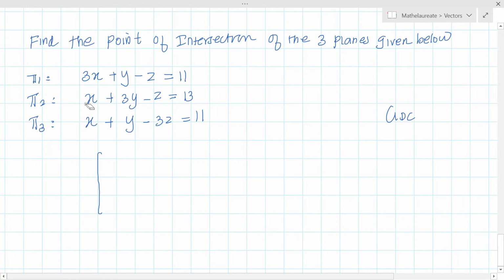So these two equations already have a coefficient of 1. It will be easier for calculations to understand what has to be multiplied and subtracted to make it 0. So I'll write the second equation in the first row. The coefficients of the second equation are 1, 3, minus 1, 13.